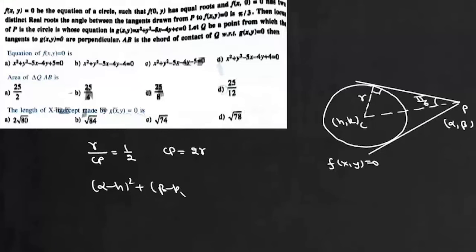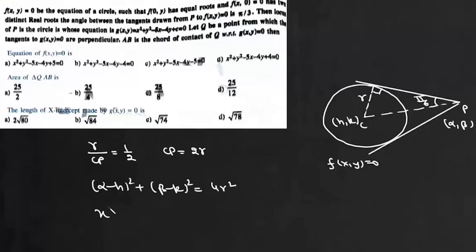If we drop a perpendicular, this is radius r, and suppose center is (h,k) and point P is (alpha, beta). So we can write r upon CP will be equal to sine pi by 6, which is 1 by 2. So CP is 2r. Now this P is suppose (alpha, beta). So we can write (alpha minus h) whole square plus (beta minus k) whole square will be equal to 4r square.